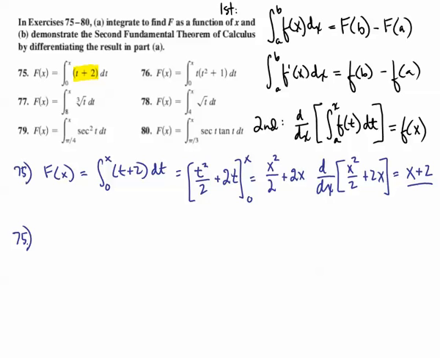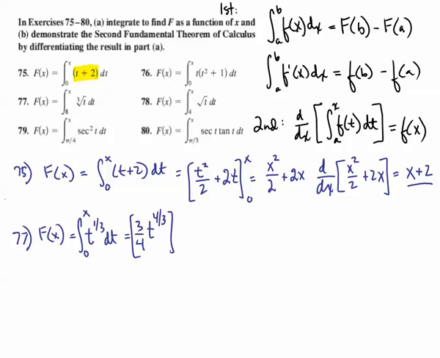All right, let's go on to another example, number 77. With 77, I have f of x equals the integral from 0 to x, and I've simply rewritten cube root of t as t to the 1/3 power. So we're going to find the antiderivative of t to the 1/3. That becomes t to the 4/3 divided by 4/3, or multiplied by 3/4.